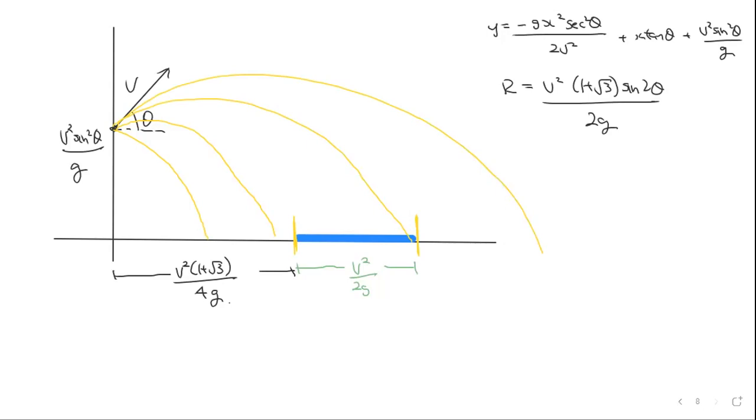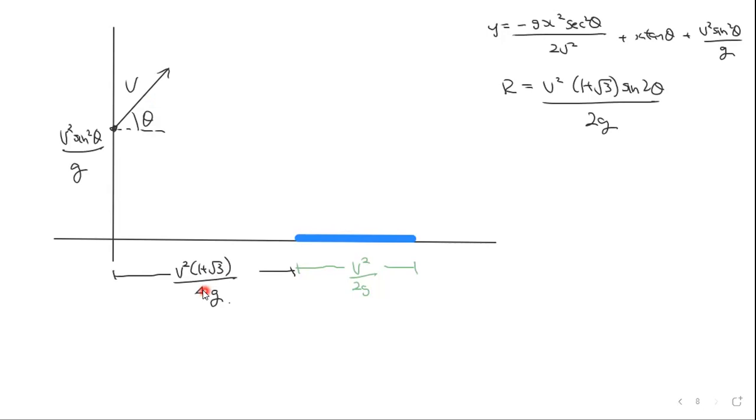So we need to find that. Now to find that, the range formula you've got will be very helpful, okay? But we need to know what range we're solving for. Well, one of the edges is here, which is v squared (1 plus root 3) over 4g. So we want to know when R equals v squared (1 plus root 3) over 4g, what angles that gives, right? So this is one point that we're interested in.